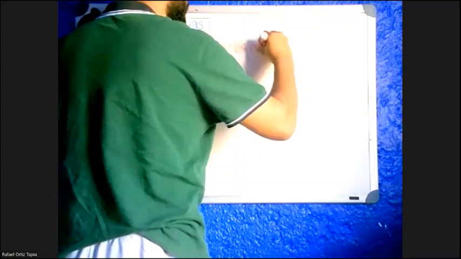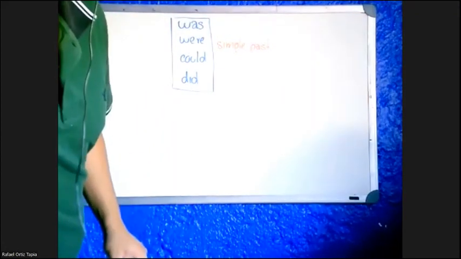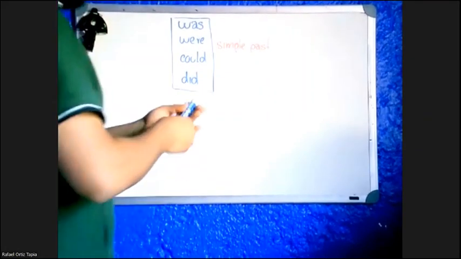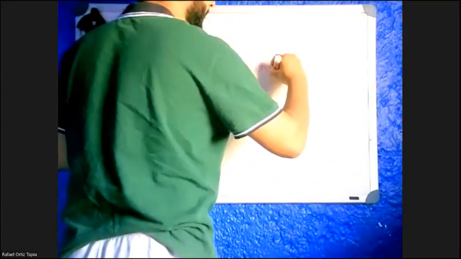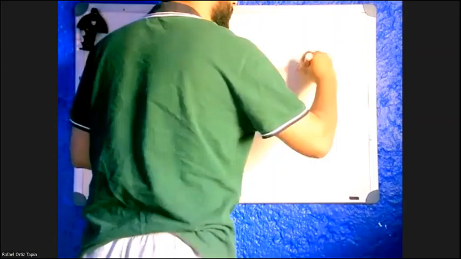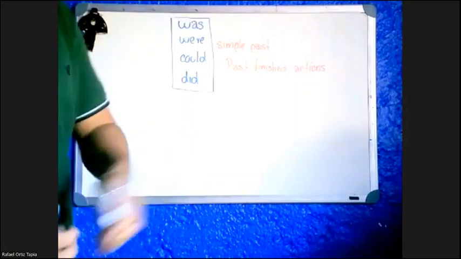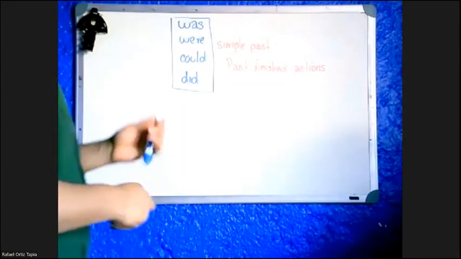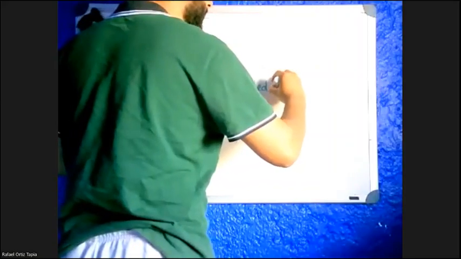Right, so what is simple past used for? You use simple past whenever you want to talk about past finished actions. Past finished actions. Ok, por ejemplo, acciones pasadas que ya están terminadas. So for example, if you want to say something like, I visited many places in my life.